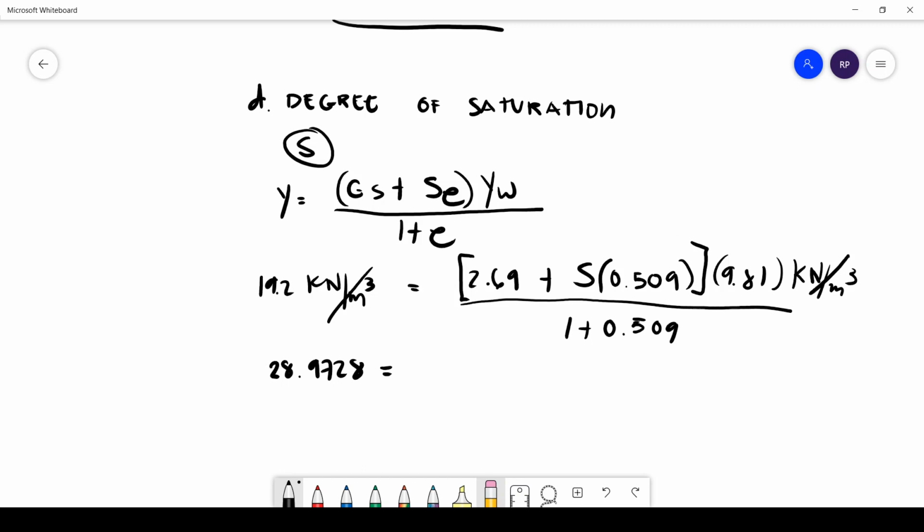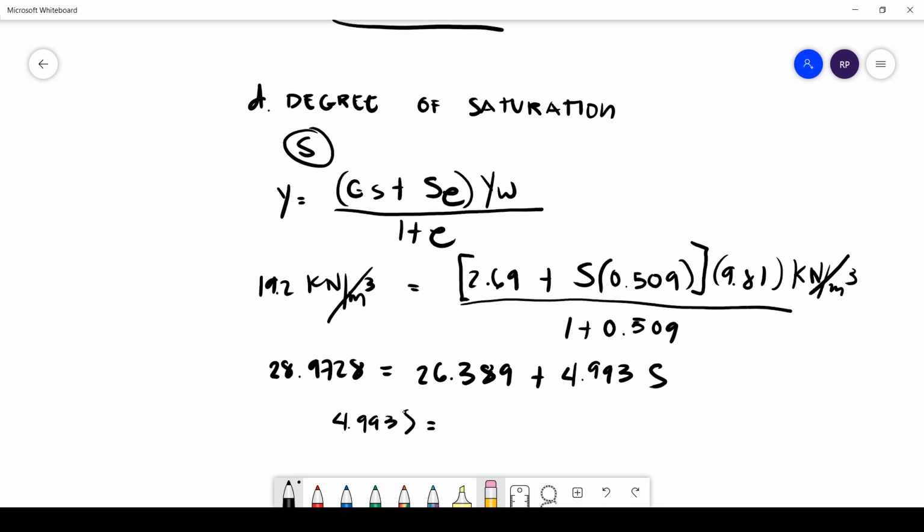So that is 9.81 times 2.69. That is 26.389 plus 0.509 times 9.81. That is 4.993 S.